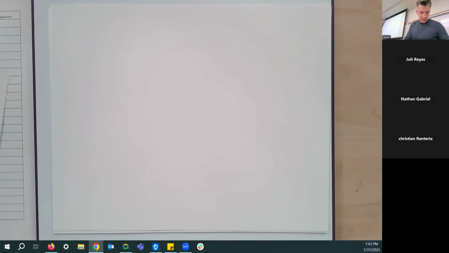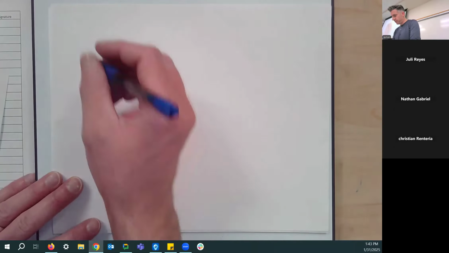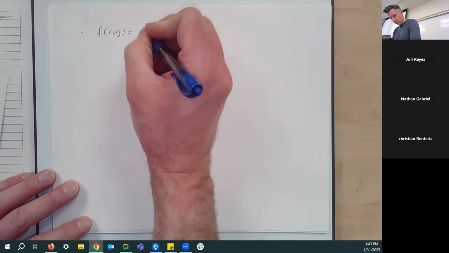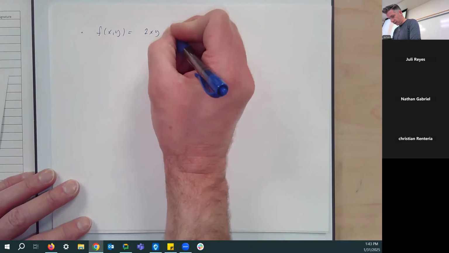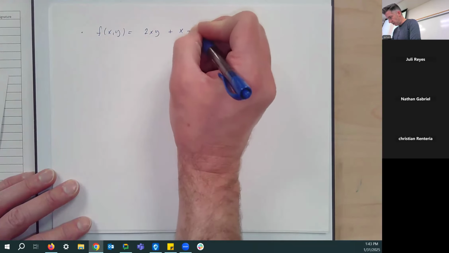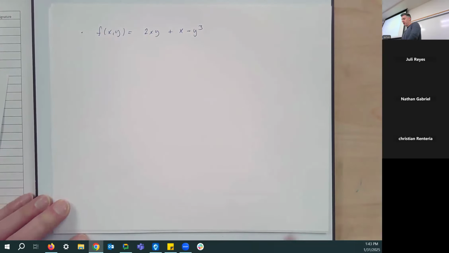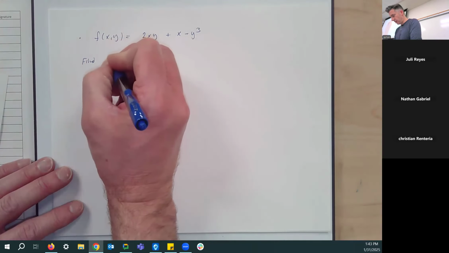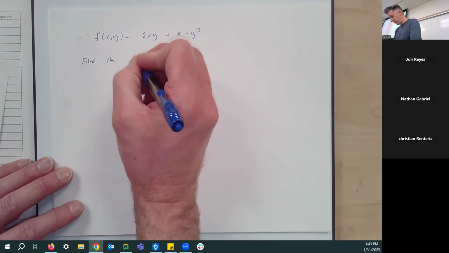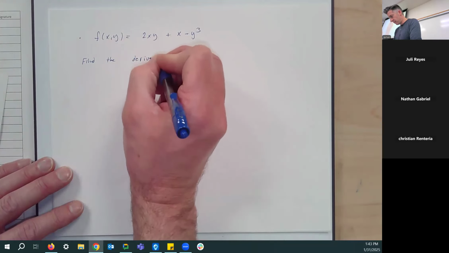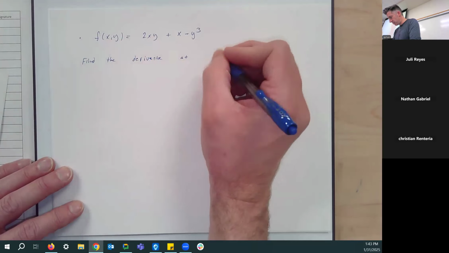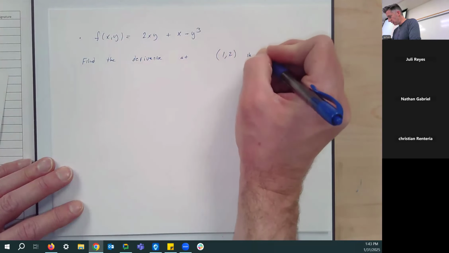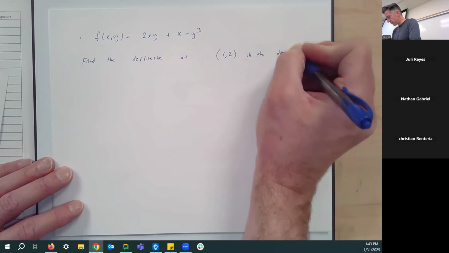So let's say we have the function f of x comma y equal to 2xy plus x minus y cubed. And we want to find the derivative at the point 1 comma 2 in direction.